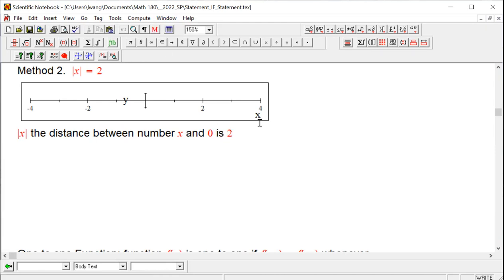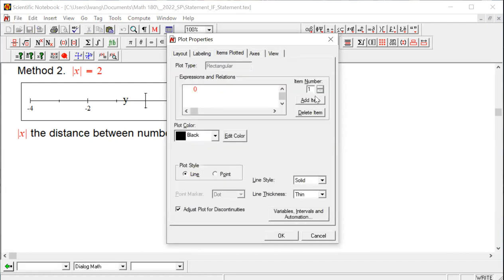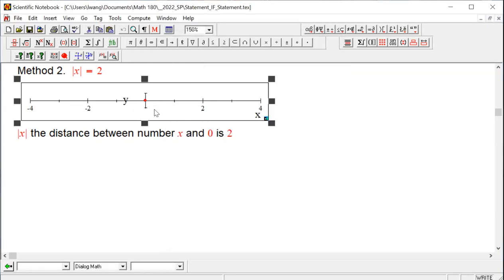That's what it means. The distance between X and 0 is 2. We don't know X, but we know 0. So I'm going to mark the 0 with a red dot. So the distance between X and 0 is 2.